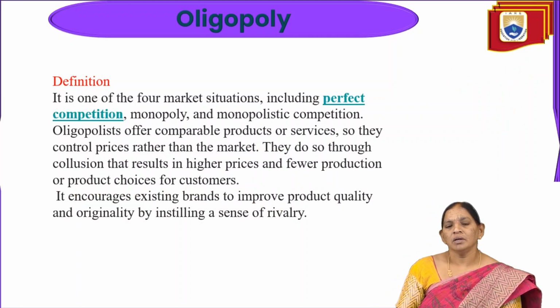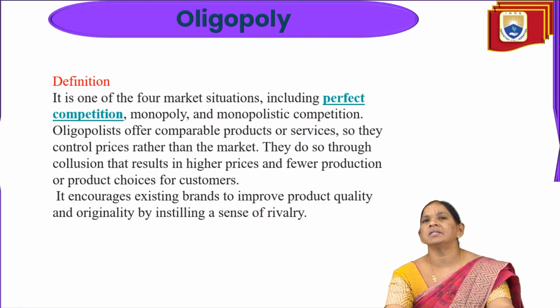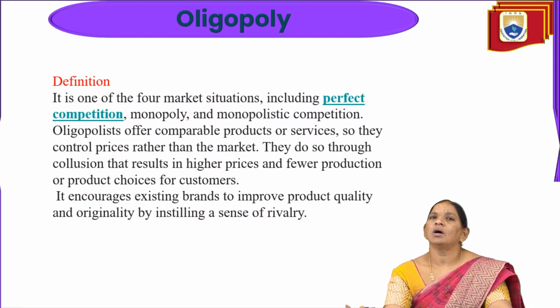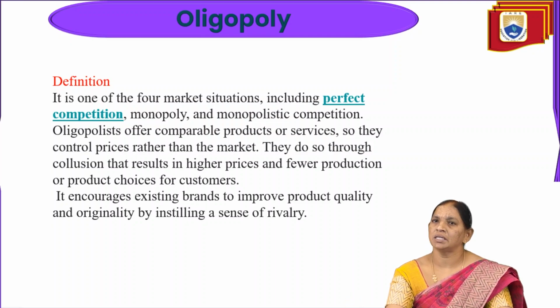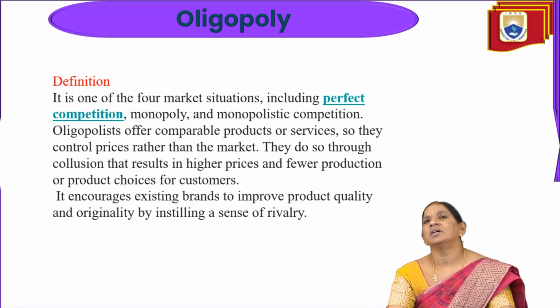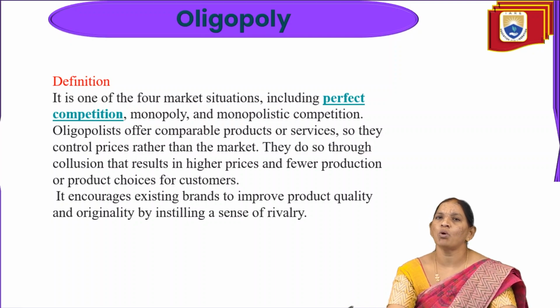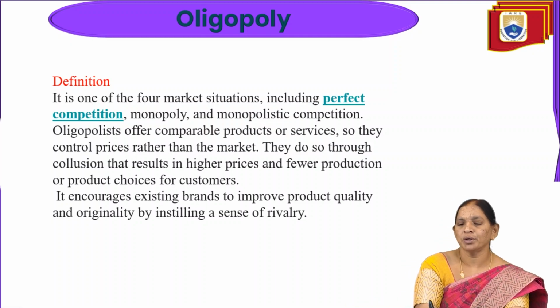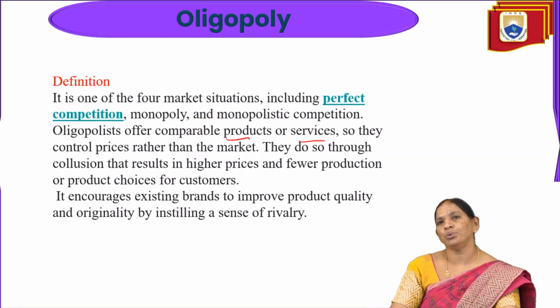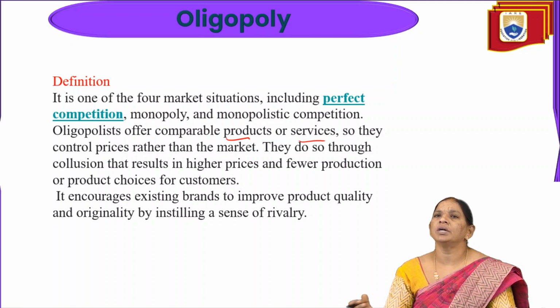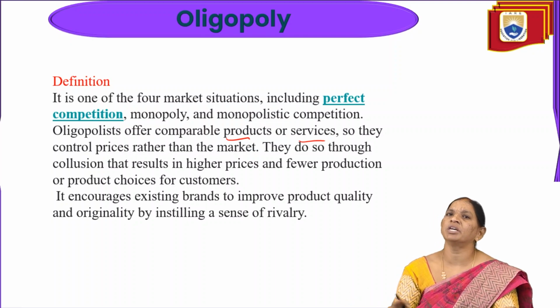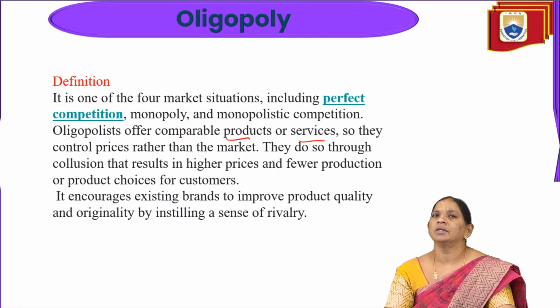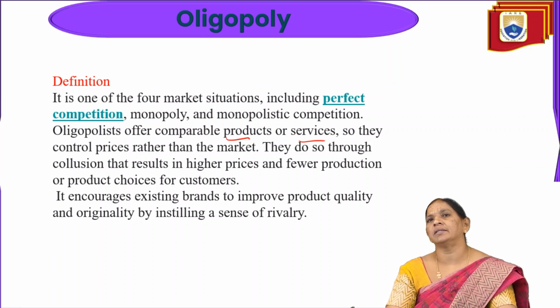So we see what the things are relating to this market structure. As we know, among the imperfect market structures, that is perfect competition, monopoly, monopolistic, oligopoly is one of the important imperfect competitions. Here the oligopolist wants to offer a comparable product or service, which could be compared from one to another, and they control the prices rather than the market.